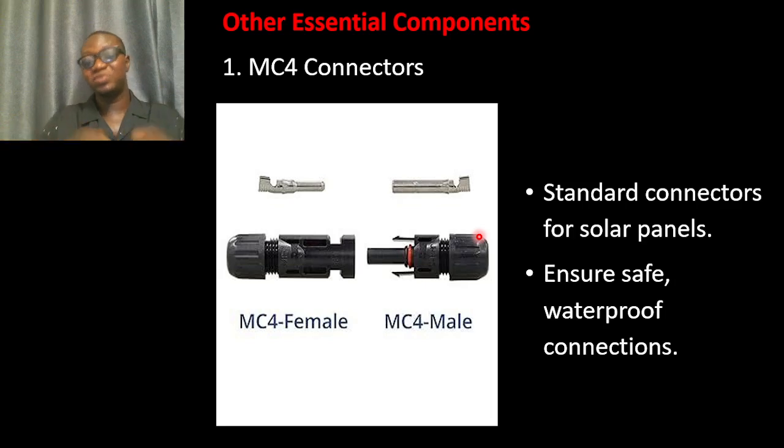When you lock them together, it is closed, so water will not get in to cause rust or any kind of damage. They are very essential, especially when interlinking panels. You use your crimping tool to do it. Don't worry, that will be reserved for the practical aspect.